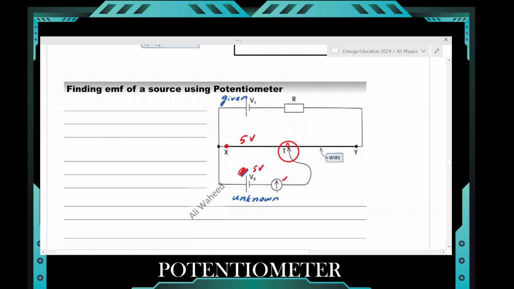Until the galvanometer moves to a null position where it shows no current, we keep changing the position of the terminal T. Eventually, at a certain position, the potential difference over here, which I assume is 5 volts, equals the EMF of the lower battery, the unknown battery, and only then no current would be flowing.